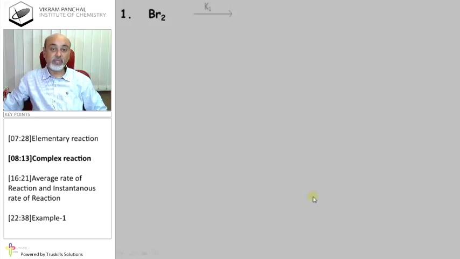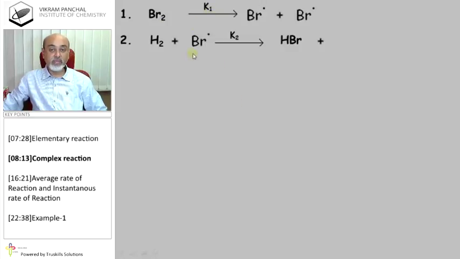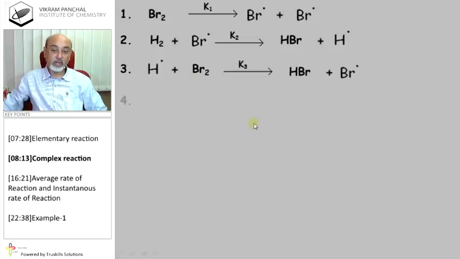For example, in the first step, bromine reacts and produces bromine free radicals. For this, the rate constant is say K1. Second step, hydrogen reacts with bromine free radical and produces HBr plus hydrogen free radical. For this, the rate constant is K2. Now hydrogen free radical reacts with bromine again and produces HBr plus bromine free radical.